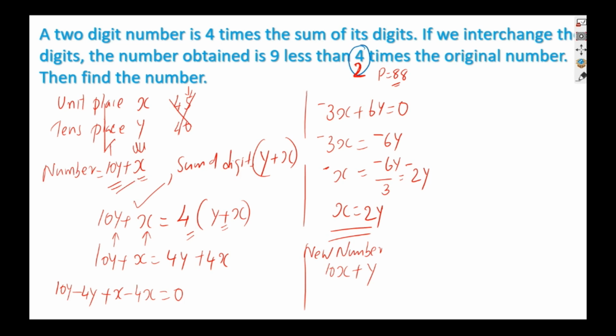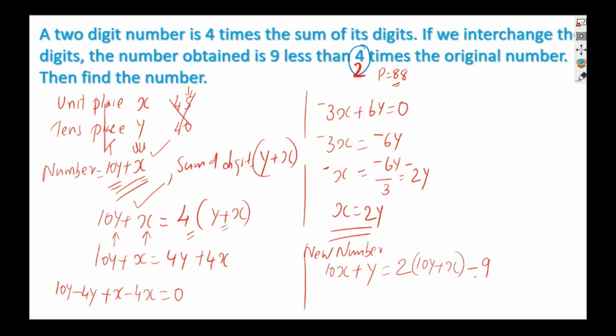Interchange is done. Look here. This is equal to 2 times the original number, which we wrote as 10y plus x. So 2 times of that means 2 times of 10y plus x, and it is less by 9.